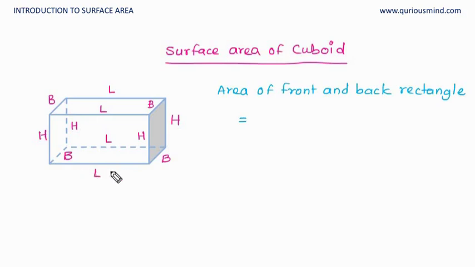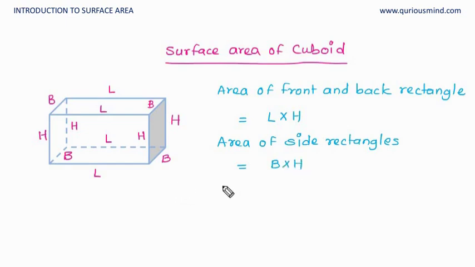And that is equal to length into height, so L into H. Area of side rectangle, that is B into H. These are the two dimensions of this rectangle, B and H. And area of top and bottom rectangle, if you see, top is L and B, so L into B.